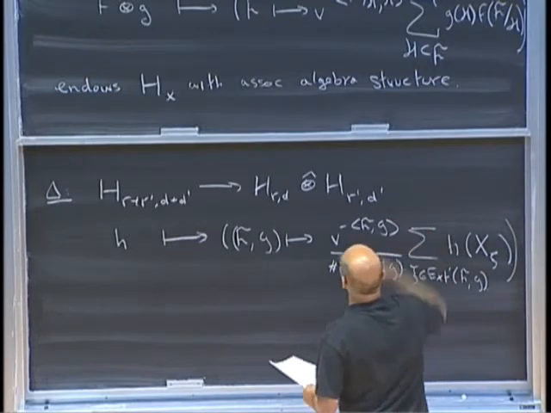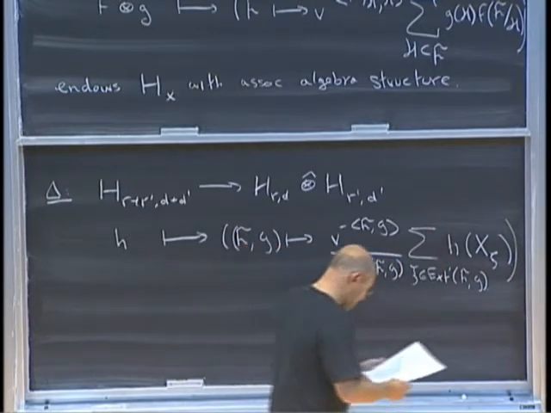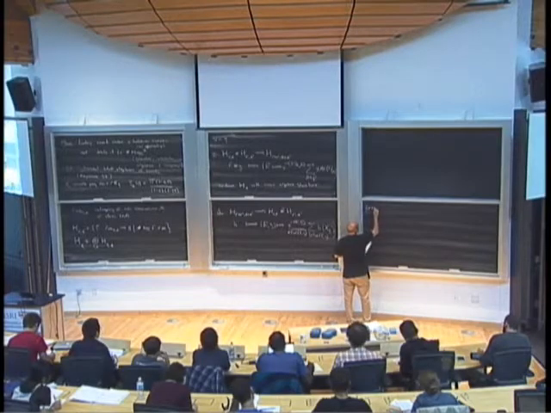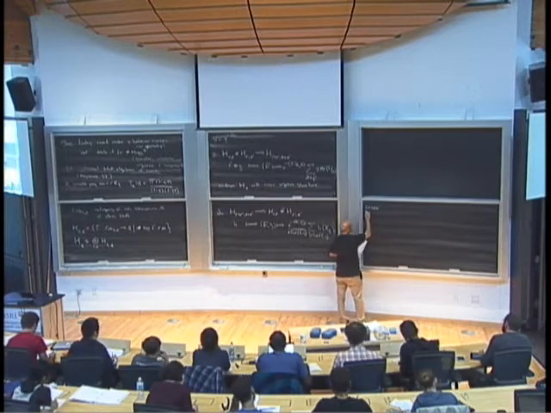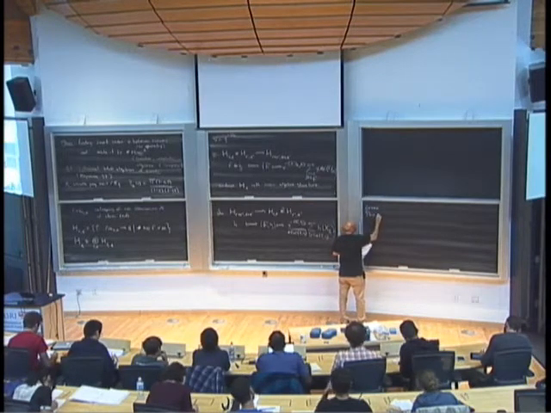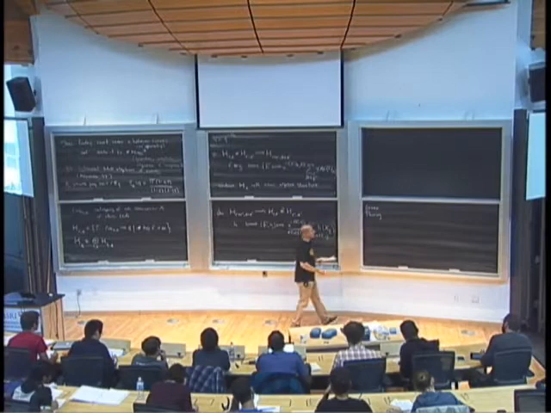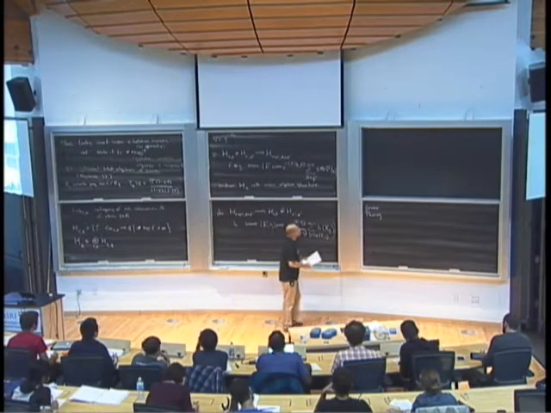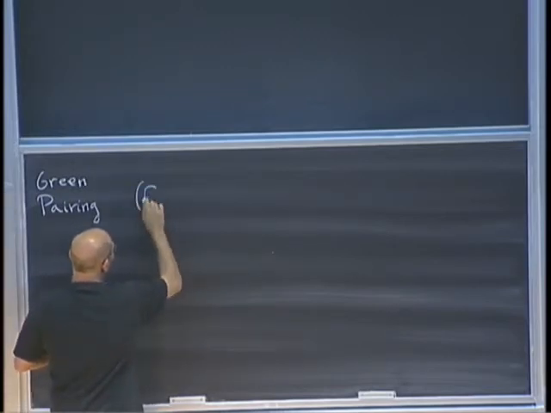Okay, so this looks a bit less familiar maybe than these, but right now I will introduce the third piece of data, which is the so-called pairing. Well, in the theory of Hall algebras, it's called the Green pairing, in honor of this famous mathematician who unraveled representation theory of GL_N of F_q in the 50s and then came back 40 years later to define this pairing in the context of Hall algebras. So what is this pairing? It's very simple, very natural.